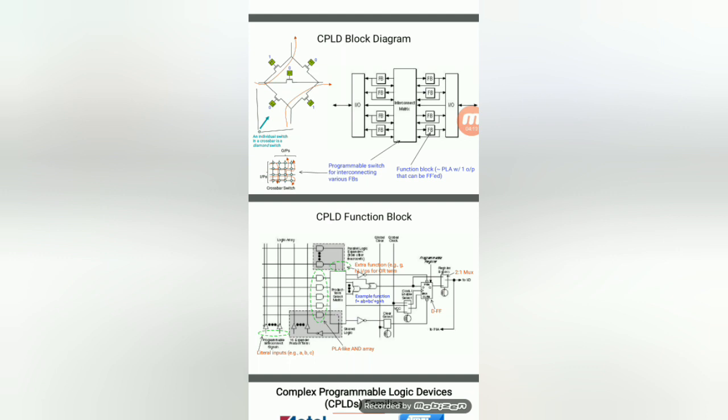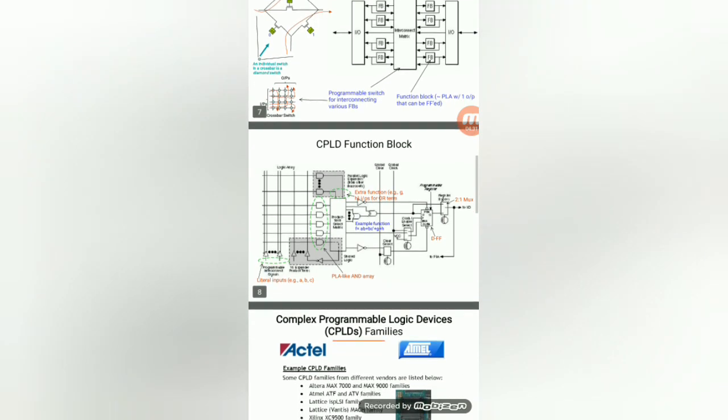A D flip-flop is used for selecting the data from the input, like a buffer. Whatever logic is implemented in the PLA transfers to the output block by using either the mux or the D flip-flop, as shown in the functional block.